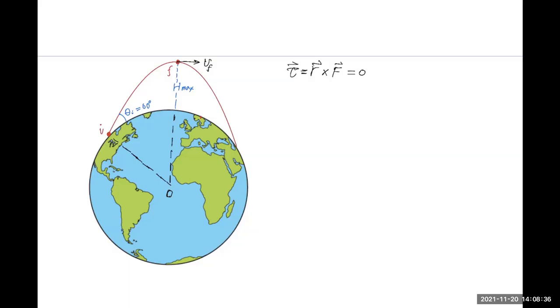Okay, so look at the first conservation law. I can write here that L initial equals L final.